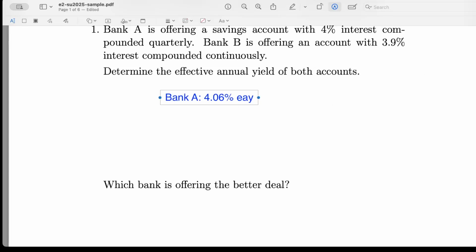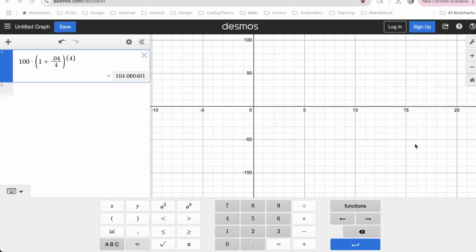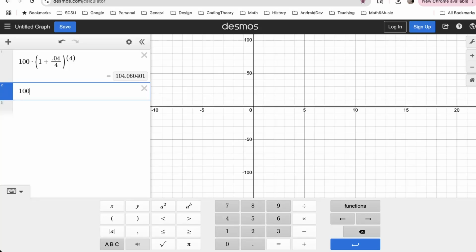What about Bank B? Well, let's go back to Desmos for that. The formula now for Bank B, I'm still going to use P as 100. The principal is that, but this is the e to the rt situation with the r being 3.9%. So this is e raised to the 0.039. Technically, it's 0.039 times 1 again, but we've got it. You can see the answer in there. 3.977 is the percentage.